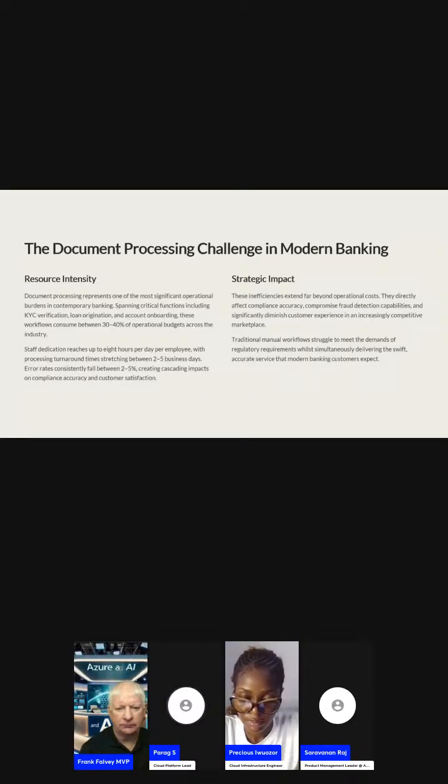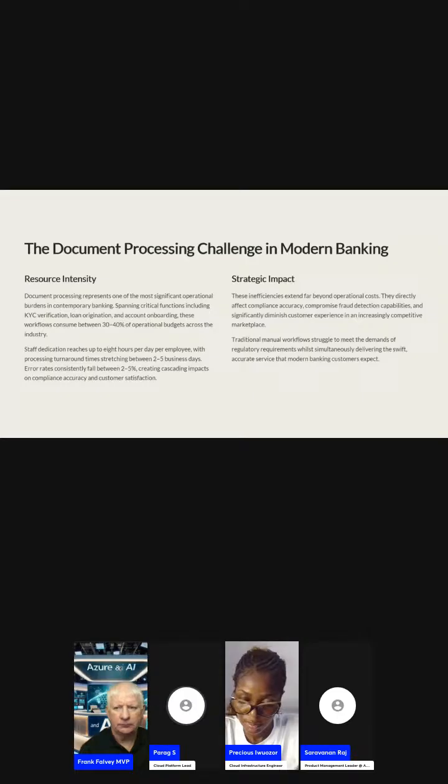Today, they have to manually go through those, from KYC verification, loan origination, account onboarding, and make sure those are accurate, not fraudulent, and have all the required documents present before they can process that request ahead.